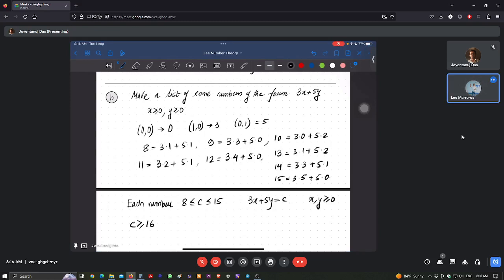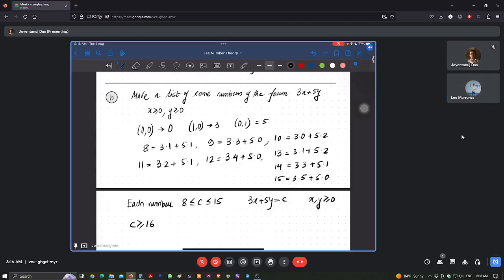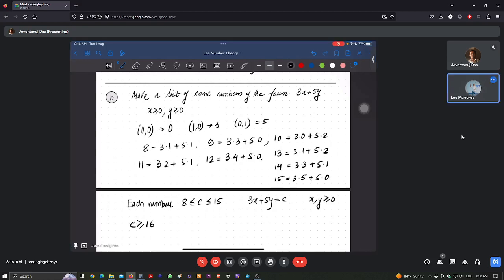So how to prove that any number from 8 onward we can write as 3x plus 5y, where both x and y are non-negative? How to prove it?